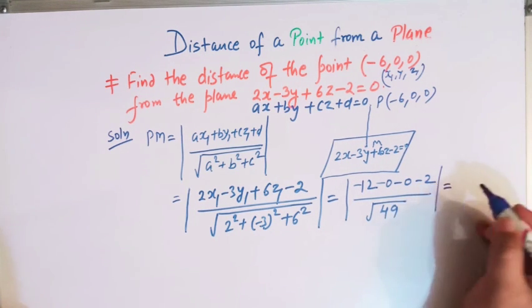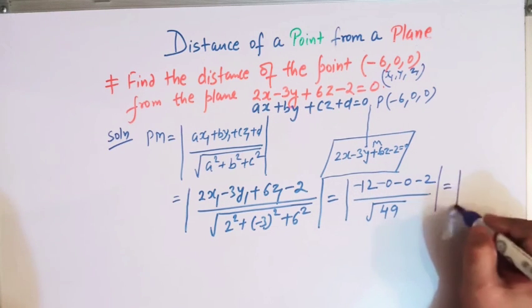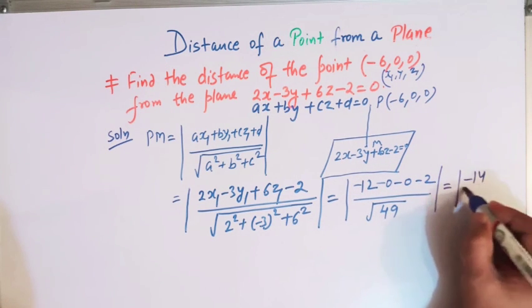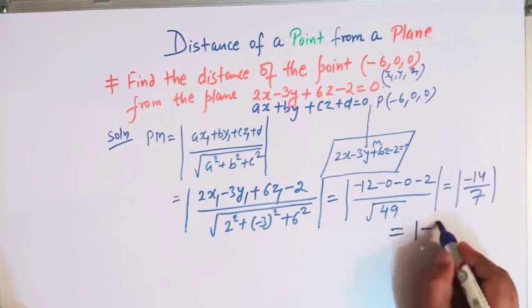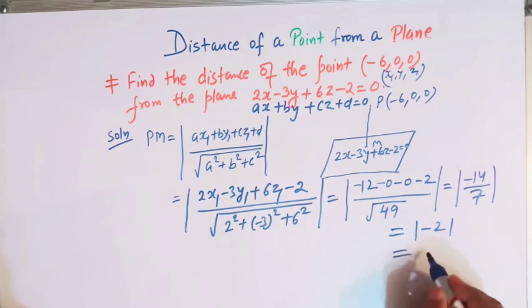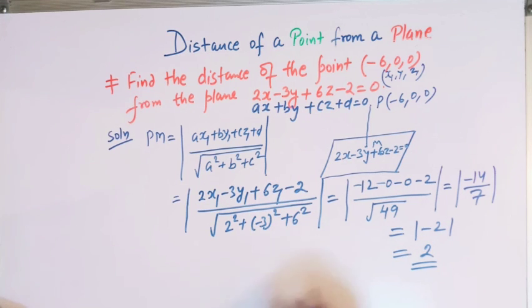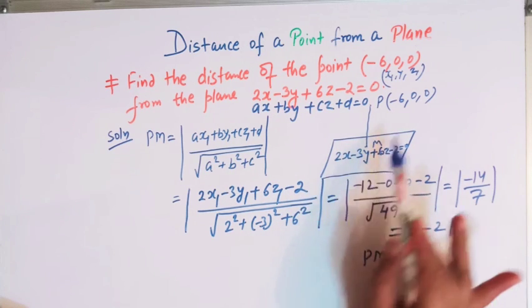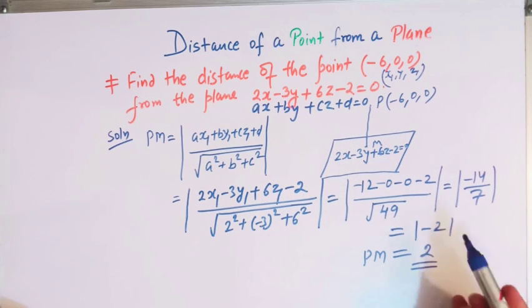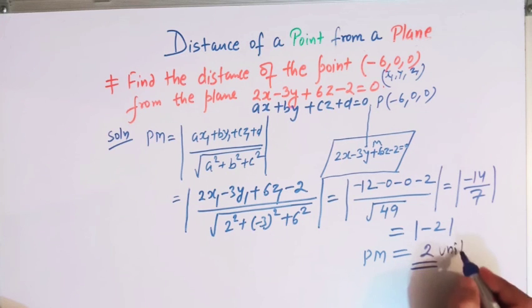Now if we simplify, we have minus 14 divided by 7, and this is minus 2, and we take 2, right? So the distance PM, that is the distance of this plane from this point, is 2 units.